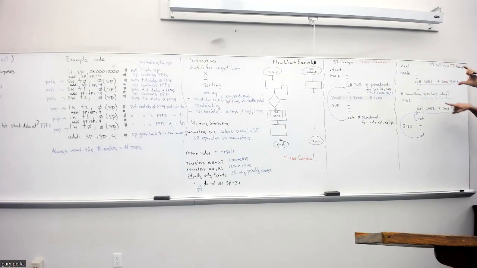Okay, so then you'd have to have a pop, because remember, every push has to be equated with a pop. You know, before we get to this return, we would pop it off.